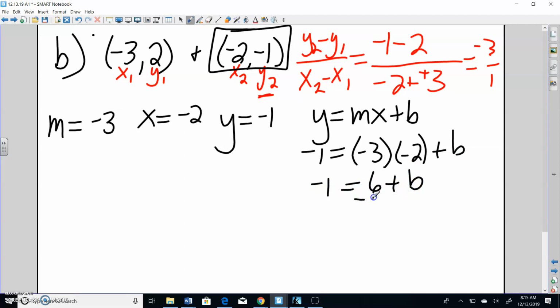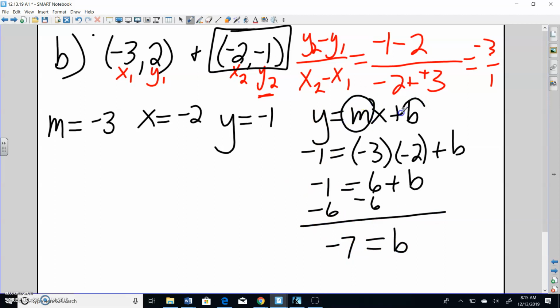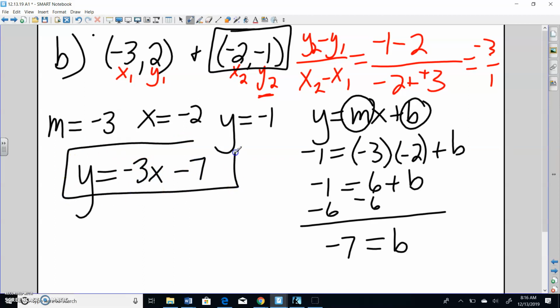So I'm going to have to subtract 6 from both sides. b equals -7. Now I'm ready to go back up into the equation and substitute what I know for m and for b to get my final answer. And that's going to be y equals, the slope, m is -3, so -3x minus 7.